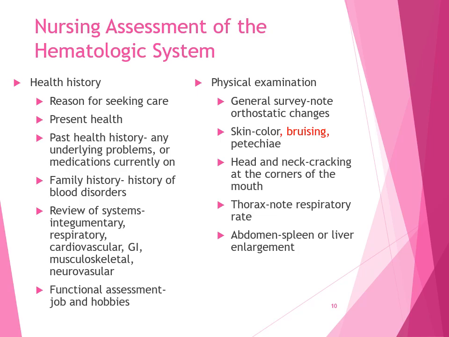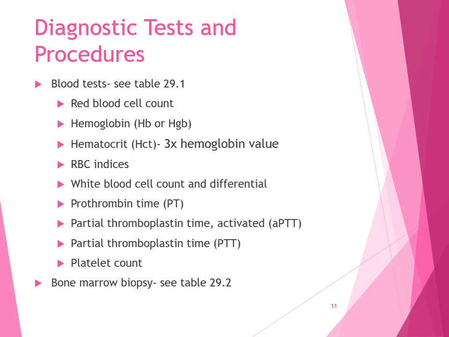So they're breathing faster so that their organs are not deprived. So take note of that. Check their abdomen. You might notice some spleen or liver enlargement when you palpate, or maybe their abdomen is just generally enlarged.